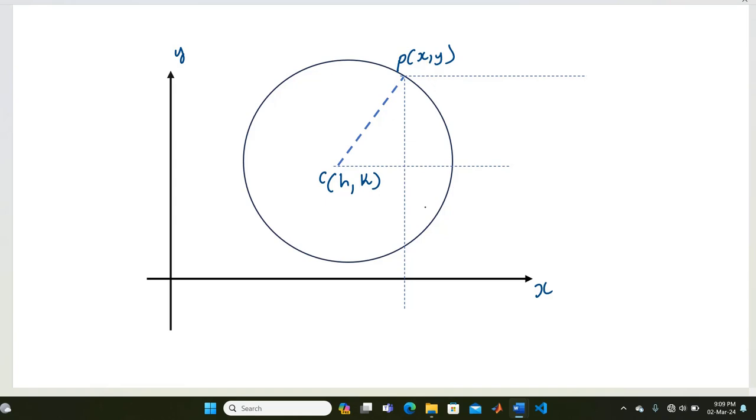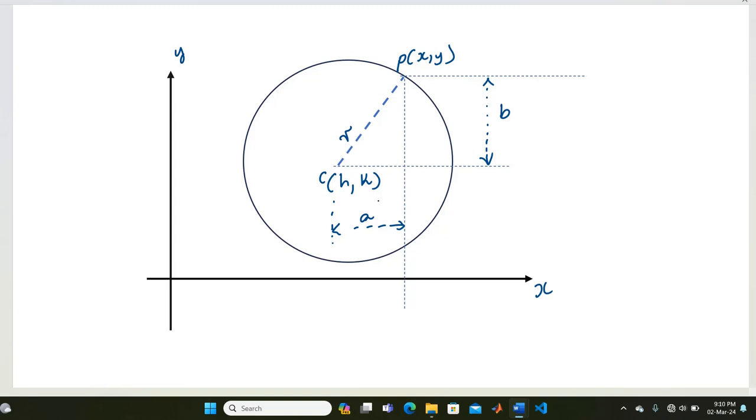We will find that if we measure this distance from here, we are going to call it B, and then from this point to this vertical point, we call it A, and this other distance CP, we said it is a constant. If this is to be called a circle, then if CP is a constant, we are saying let it be R, or what we may later on call the radius.